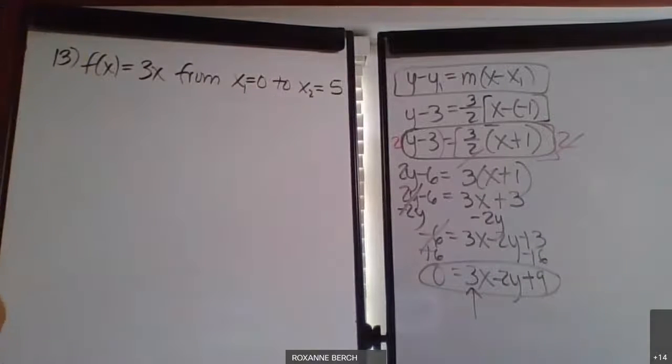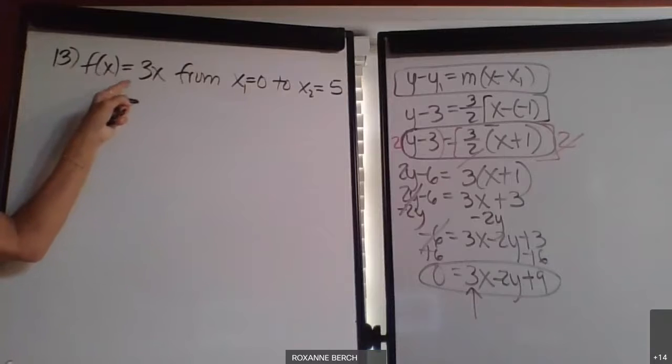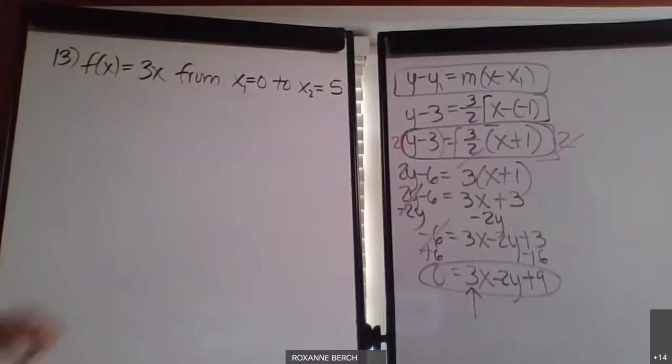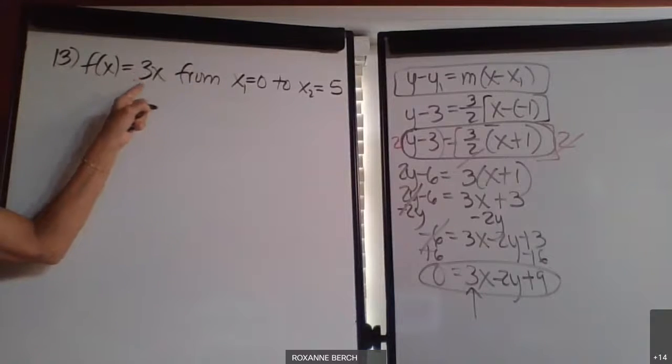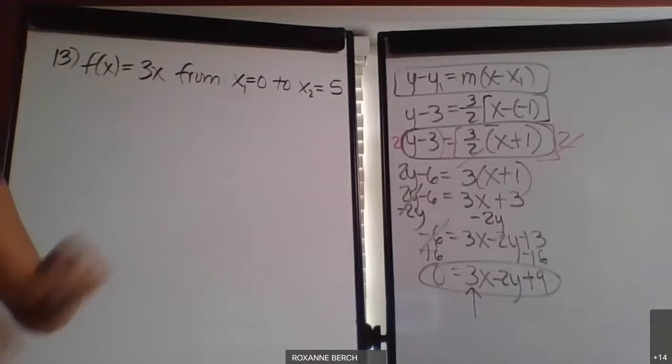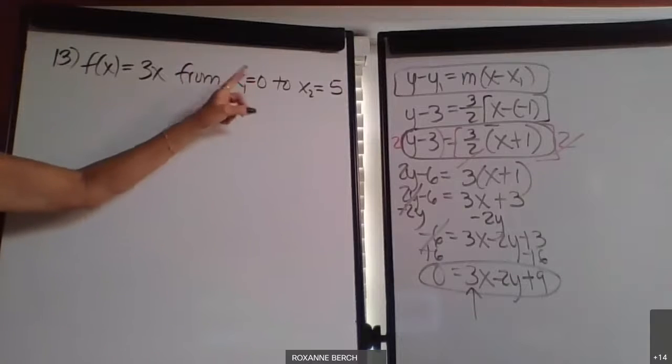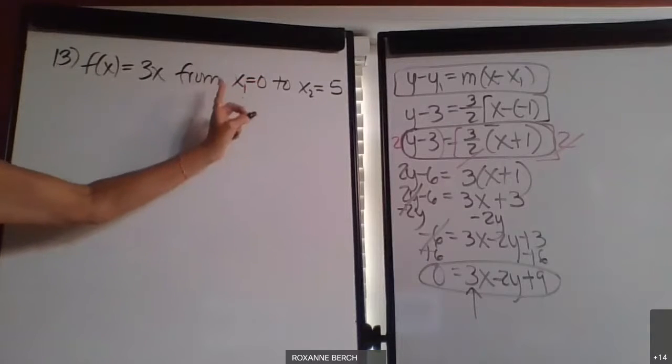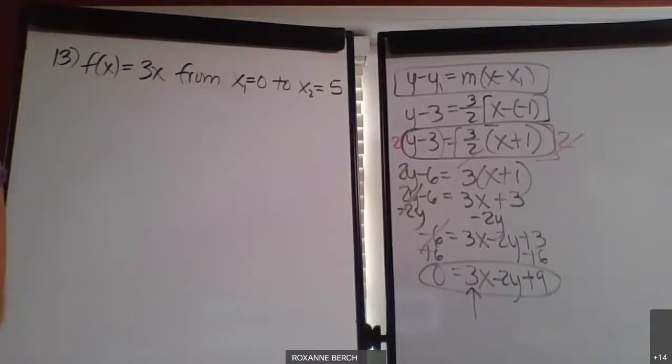Okay, so remember when I taught this, I said you want to know what they're giving you? And what they're giving you is a linear function from x 0 to 5. And they say find the average rate of change.